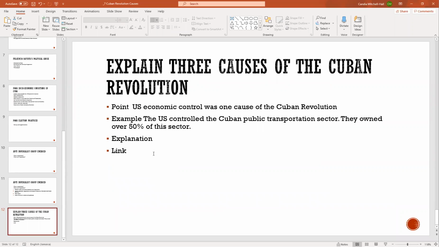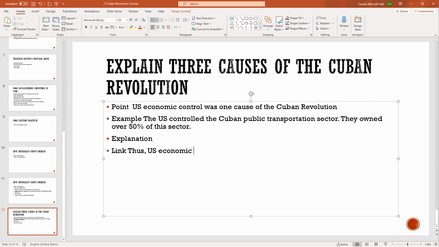And then the next part, after you finish your explanation, you say, thus, US economic control was a great cause of the Cuban Revolution.